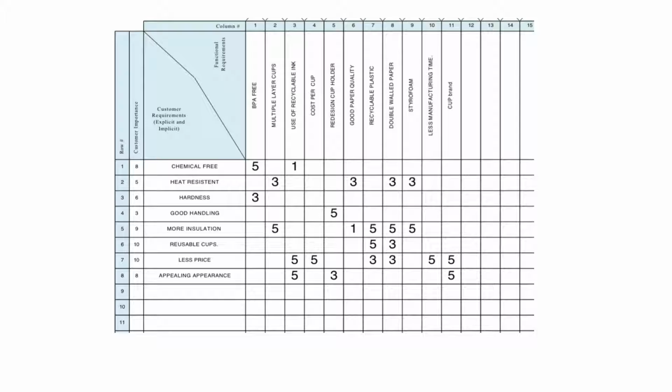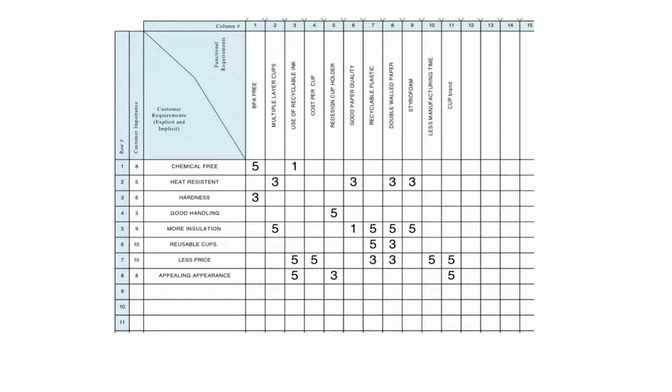If we are using recyclable cups, there will be some amount of heat on the outer layers of the cup. If you want to make it completely negligible, then we have to use plastic, but down the road, using one-time use plastic cups is not good for the environment.